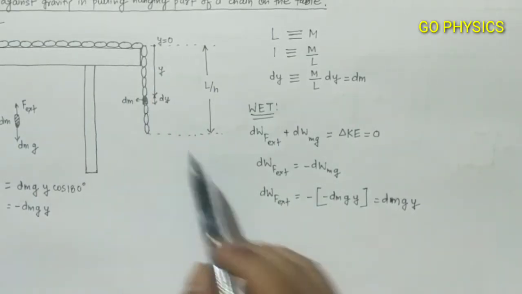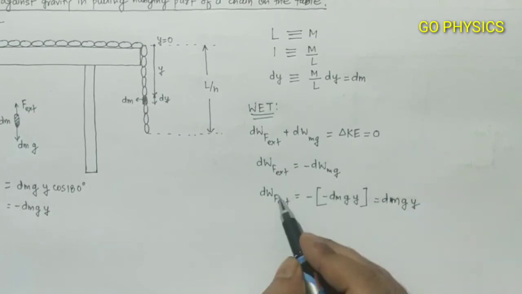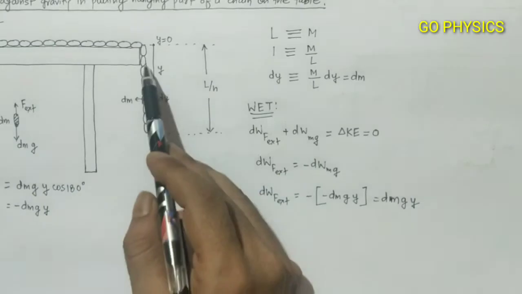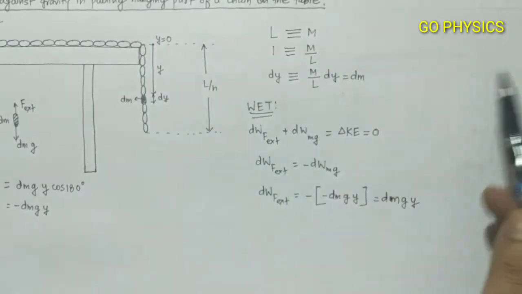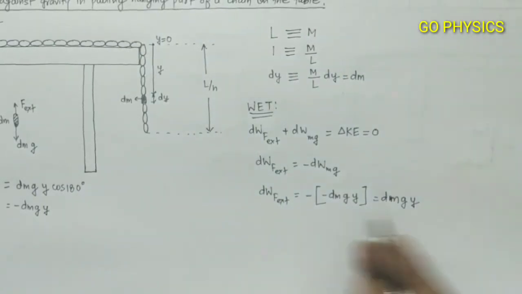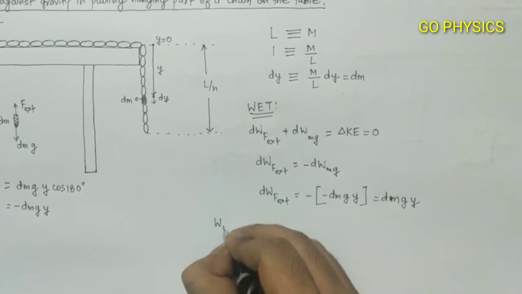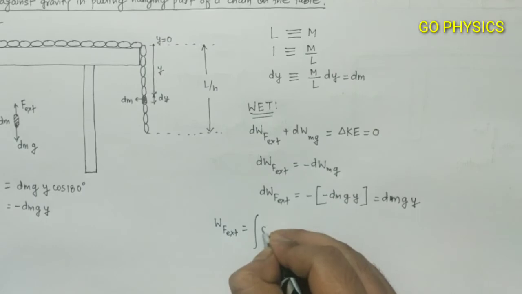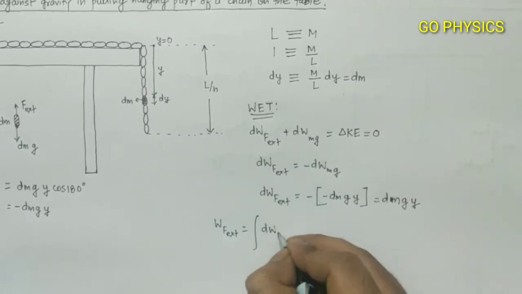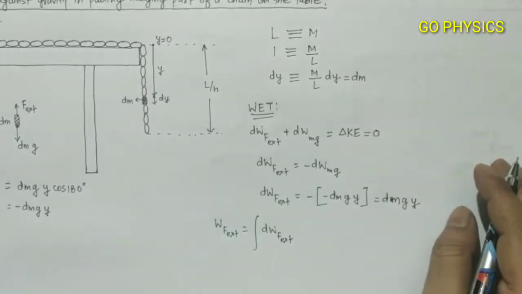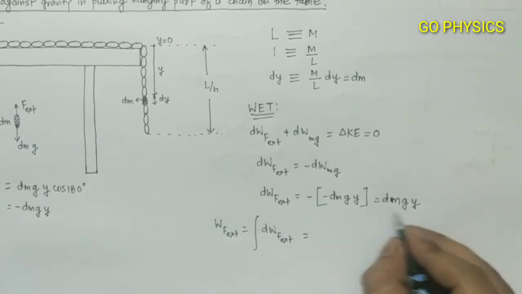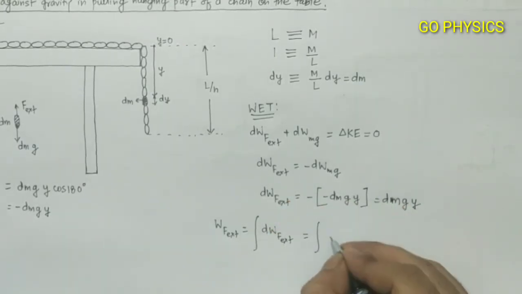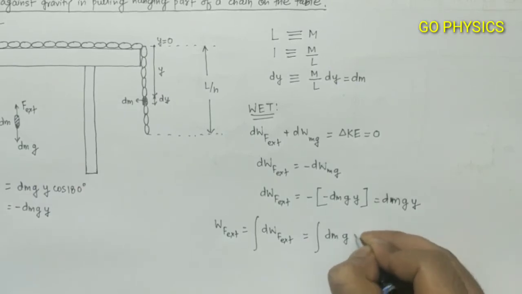Now we will integrate this small work to find the total work to pull the total hanging part over the table. So the total work done by the external force is equal to the integration of the small work done by the external force. Now we will put dW F external from here, which is equal to dm g into y.